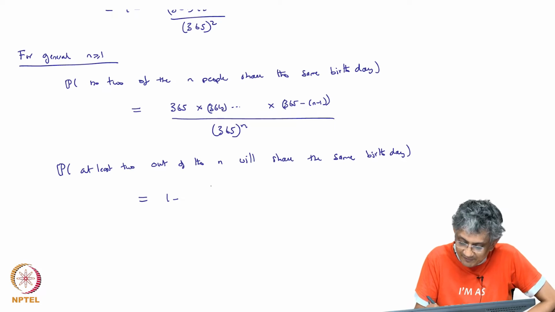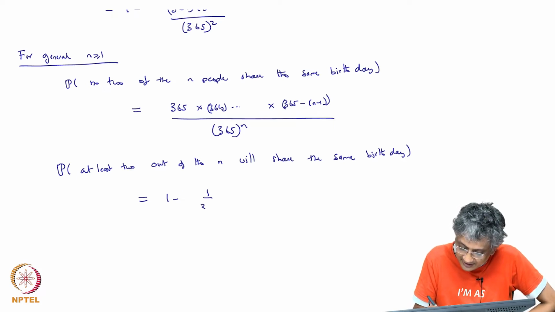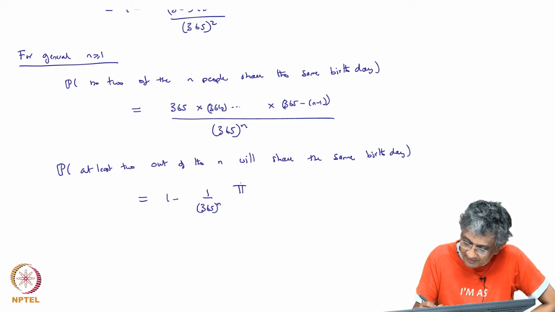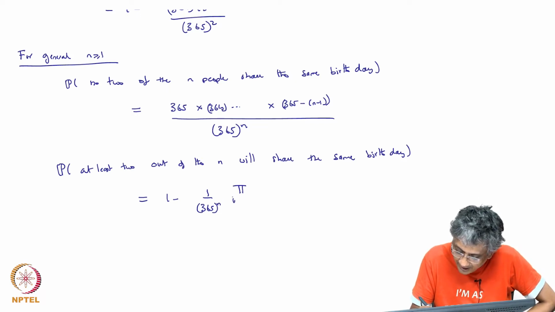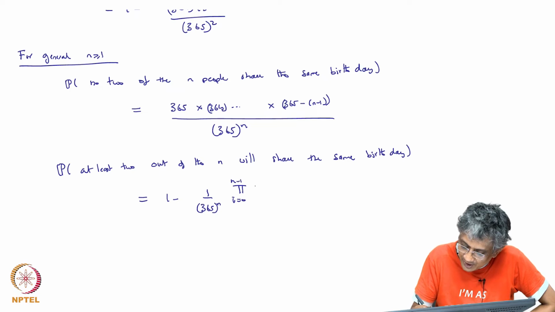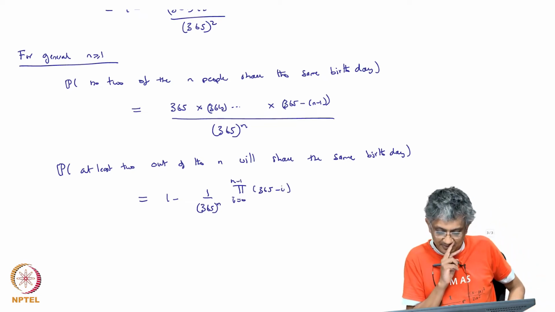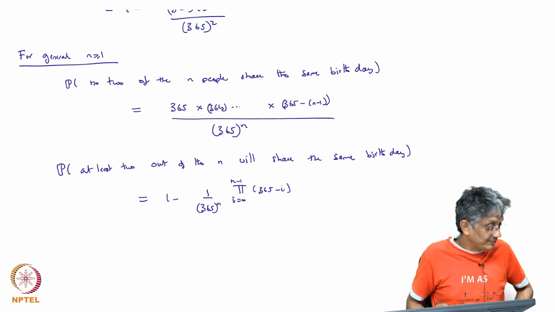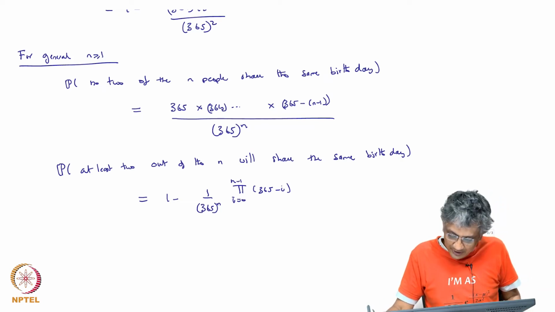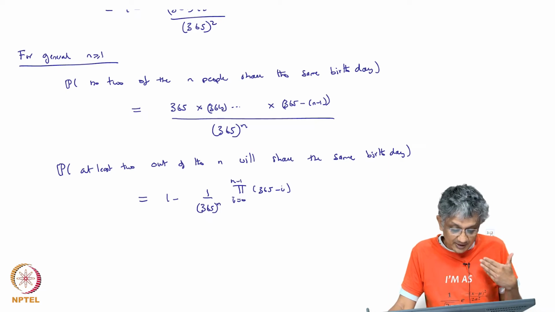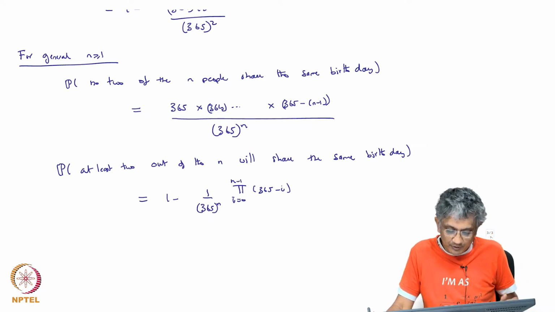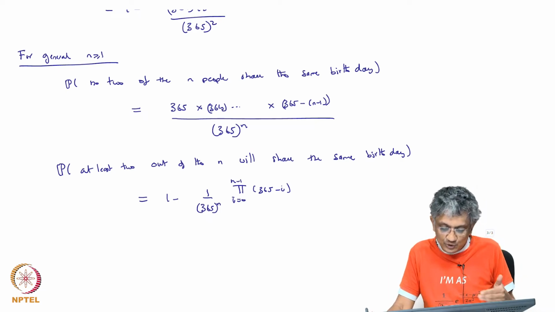I'll write it a little bit fancily: 1 minus 1 over 365 to the n, times the product from i equal to 0 to n minus 1 of 365 minus i. That's the expression you get. So now you have an explicit expression: if you have n people in a room who are chosen randomly, the chance that at least 2 of them will have the same birthday is given by this expression. So now you can do some computation.